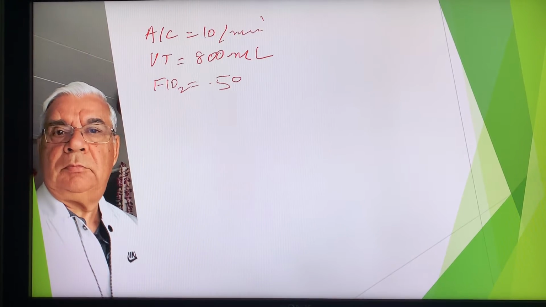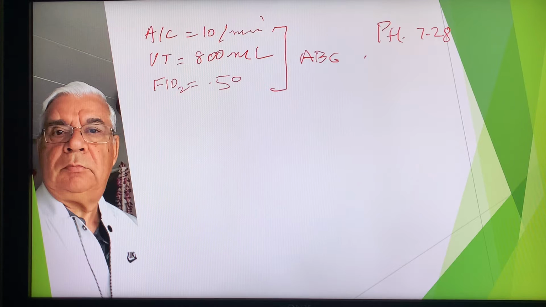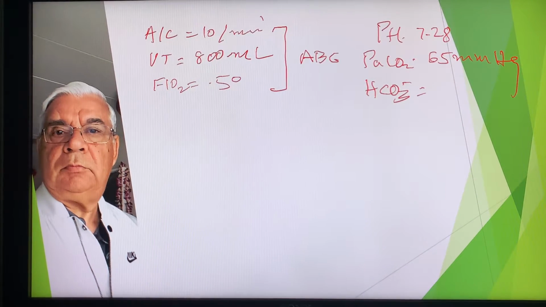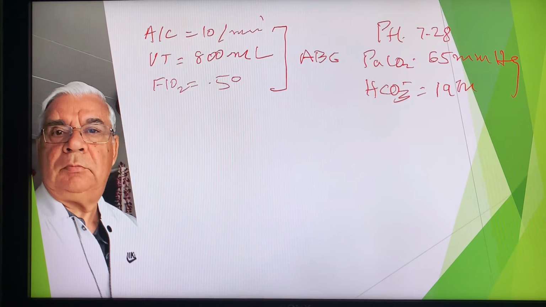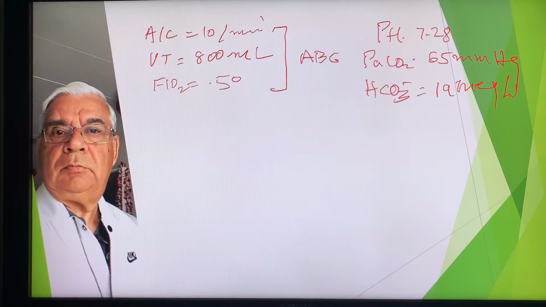So the ABG was done. pH was 7.28, PaCO2 65 millimeters of mercury, right? And bicarb 19 milliequivalents per liter.